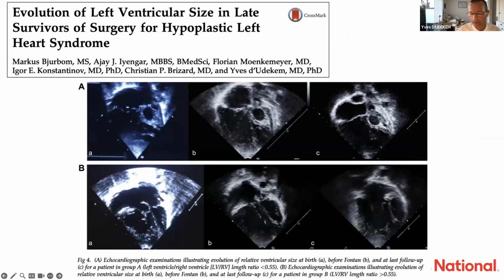Another example, again on single ventricle, we know that when you have aortic atresia, you result with this really tiny, on the top here, left ventricle, which makes a ball of muscle inside the right ventricle. And so you're losing the septum.